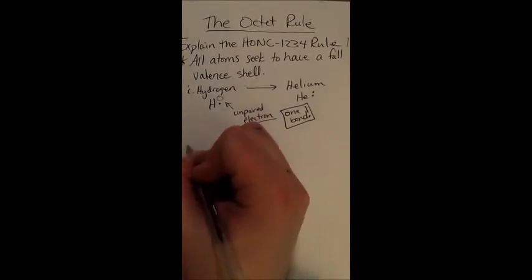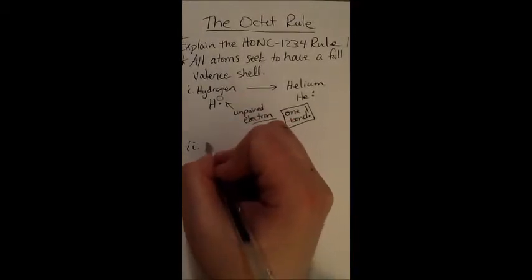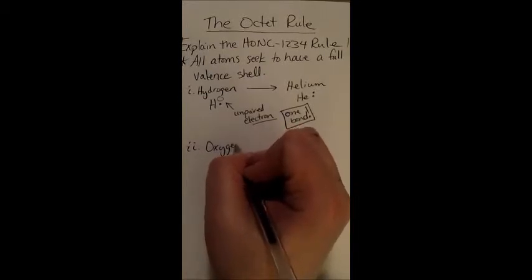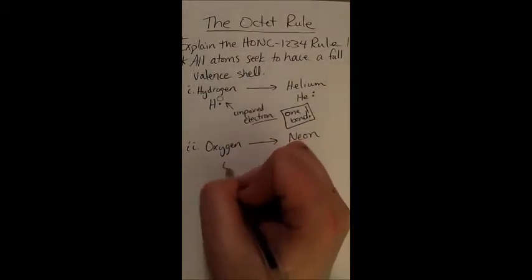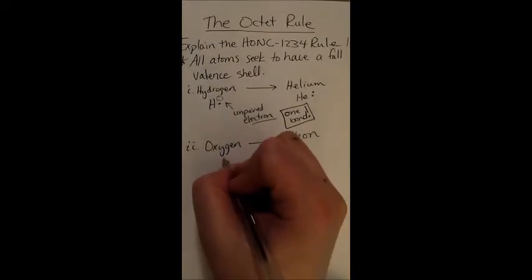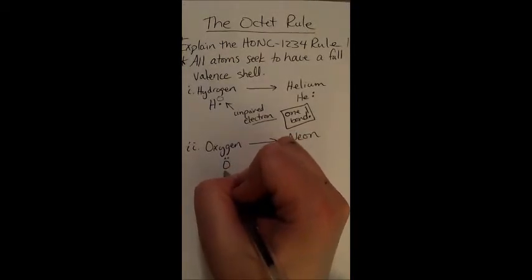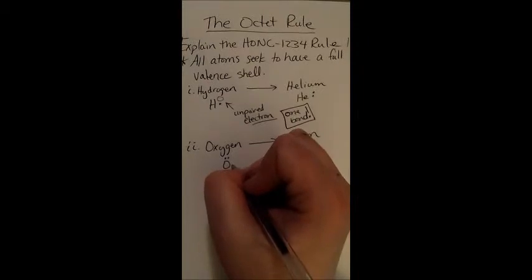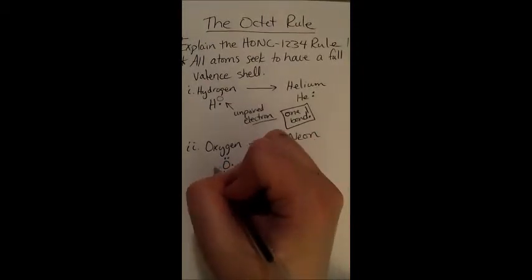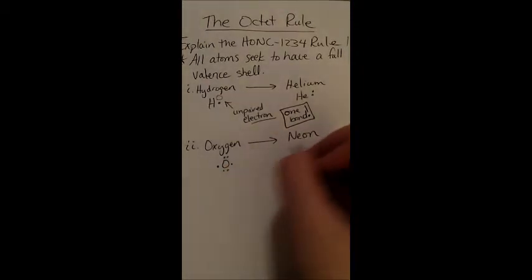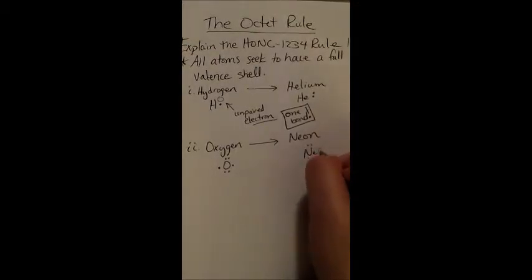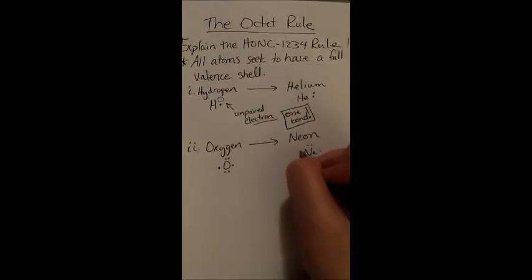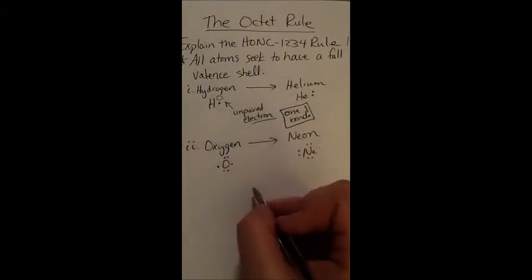So let's take a look here. We have number 2, we've got oxygen. Oxygen wants to look like neon. And oxygen has a Lewis dot structure that looks like this: 1, 2, 3, 4, 5, 6. So it wants to look like neon with our 8 electrons. And what do we find?